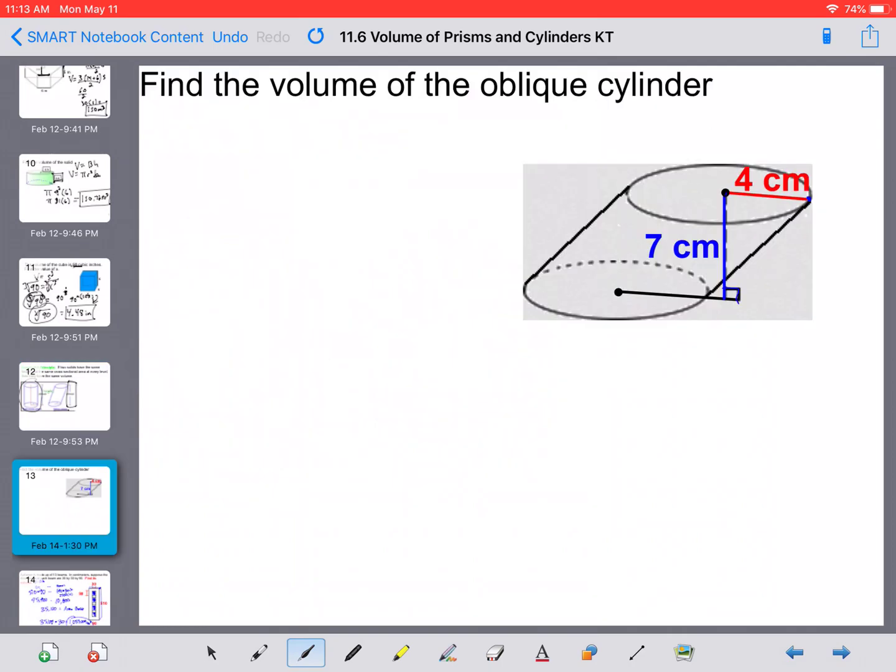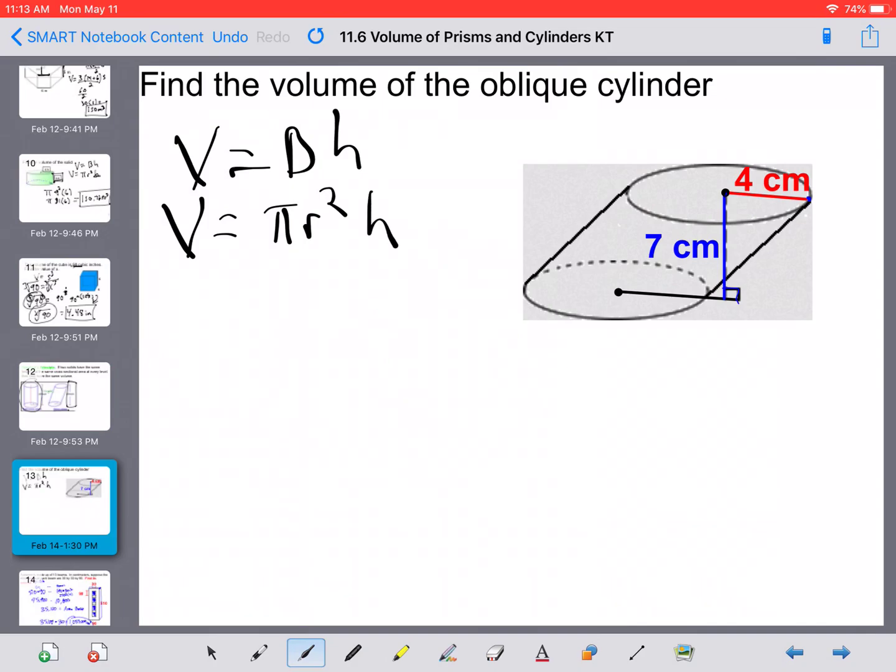So in this case, it wants us to find the volume of this oblique cylinder. Again, you're going to use the same formula. Volume equals big B H, or in this case, volume equals pi times the radius squared times the height of the cylinder. Now we know the height is 7. We know the radius is 4.